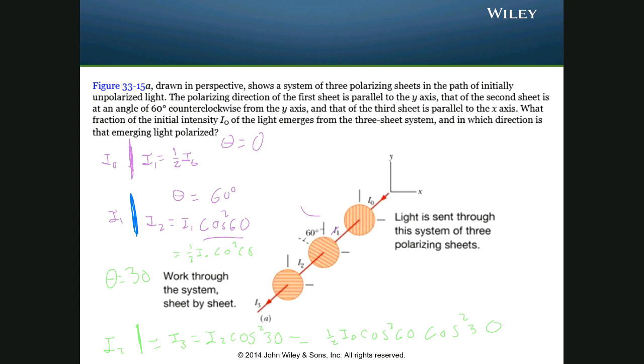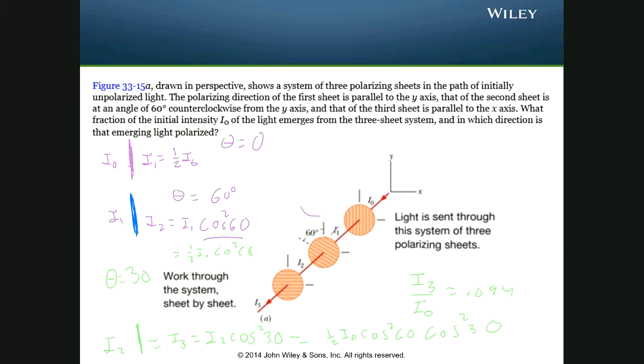And what you want to note here is what is I3 over I0. So this will give you 0.094. Yeah, no, 10 times.